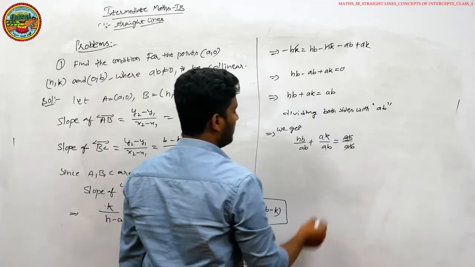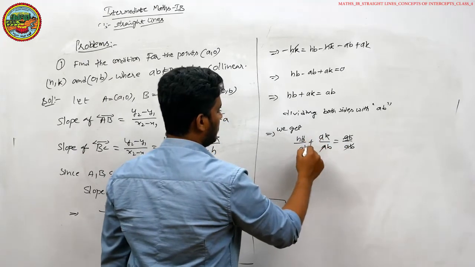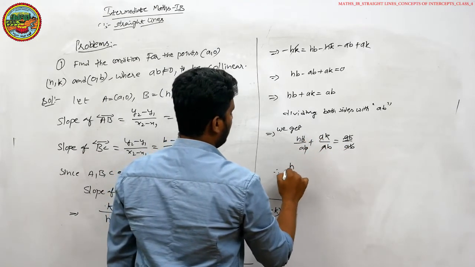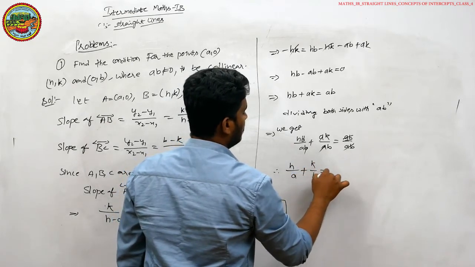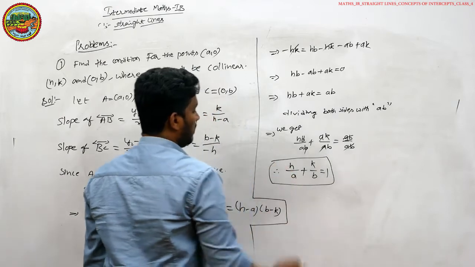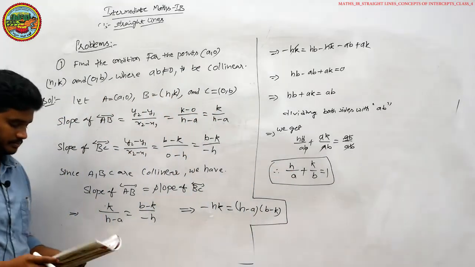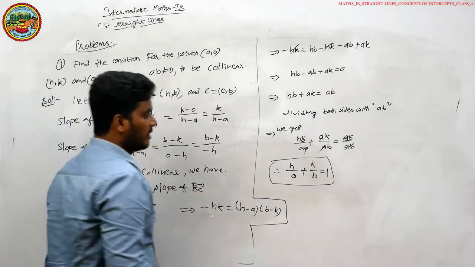Here b cancels, a cancels, and ab cancels. Therefore the required condition is h by a plus k by b is equal to 1.